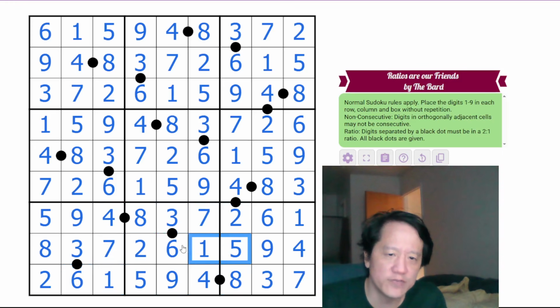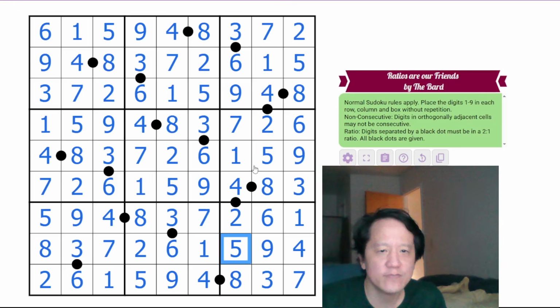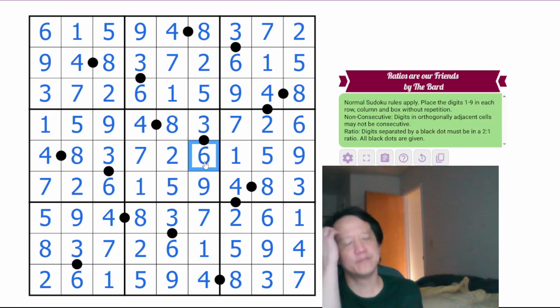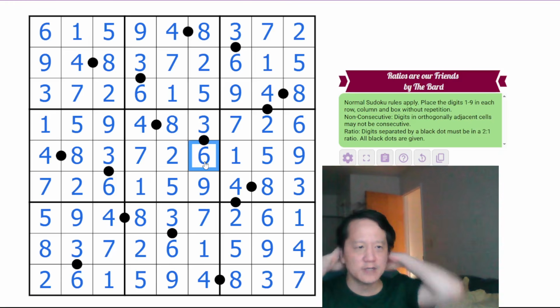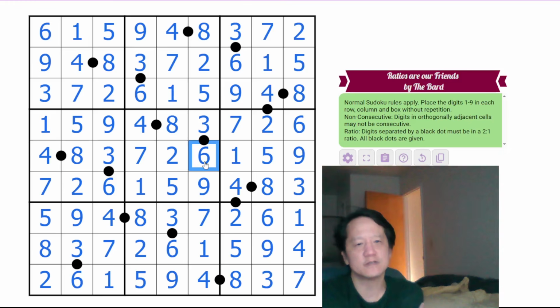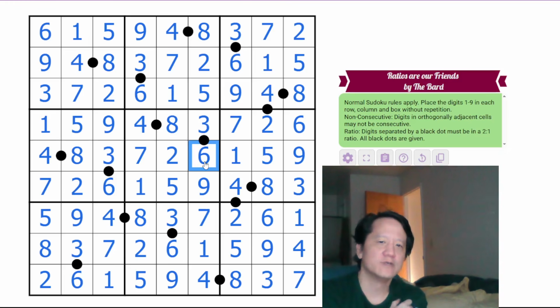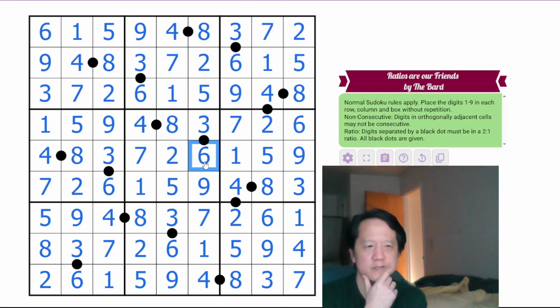And that's how you solve it. Very cool, actually. I wasn't expecting it to function that way, but it flowed very well throughout. So it was a very interesting scenario with the non-consecutives and the black dots. I didn't even check if the 1 to 2 ratios were... Well, the 1 and 2s obviously can't be next to each other, so that should be satisfied.